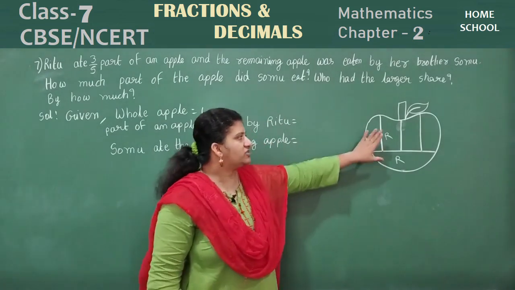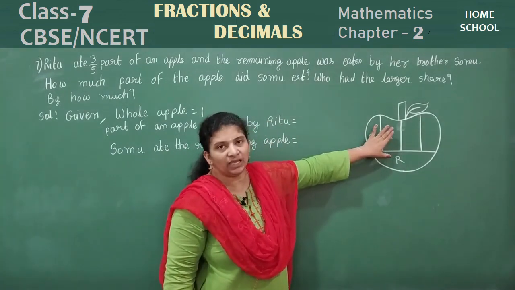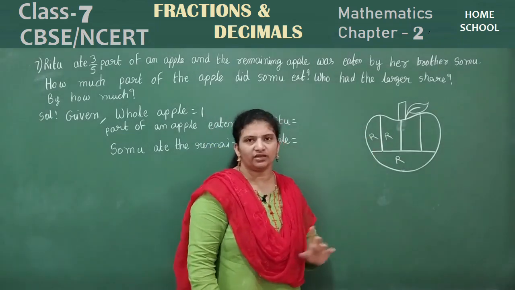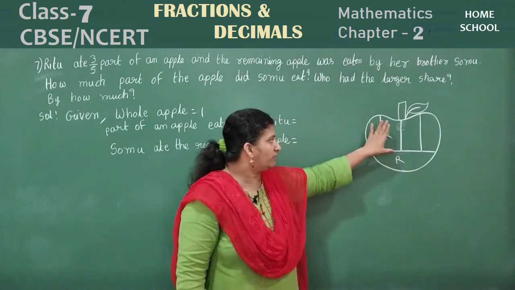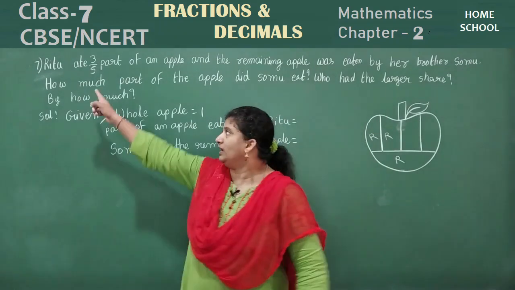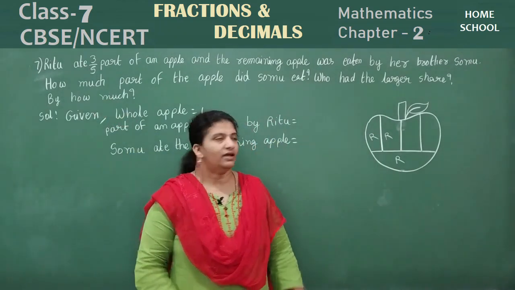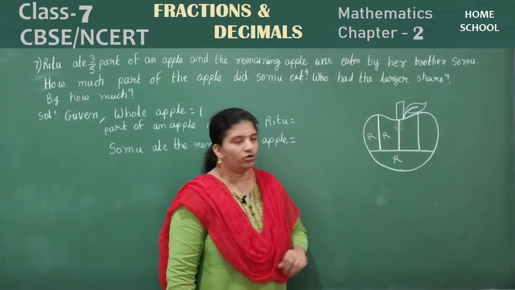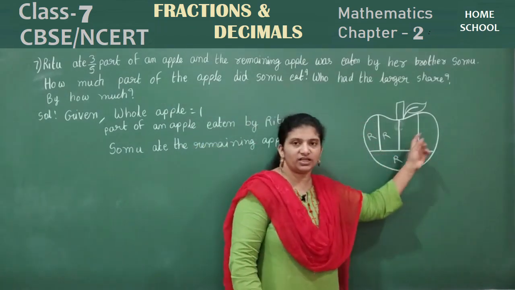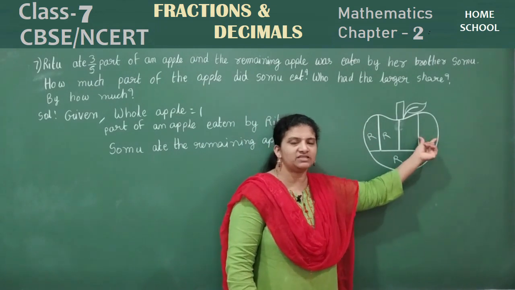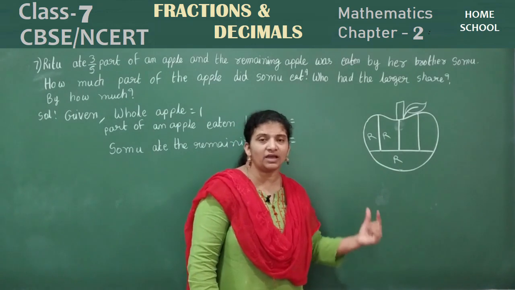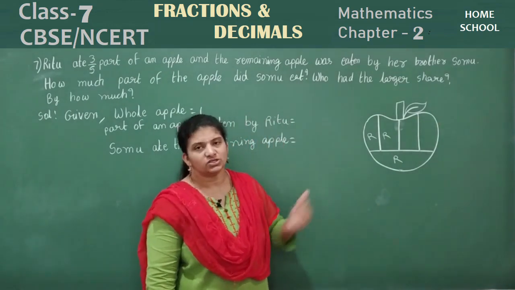So 3 parts of the apple, that is 3 by 5. Denominator, all parts we need to write. 3/5 part of the apple was eaten by Ritu. Right? The remaining part was eaten by her brother Somu. So how many parts are left here children? 2, no? So what is the fraction here? 2 by 5 part eaten by Somu.